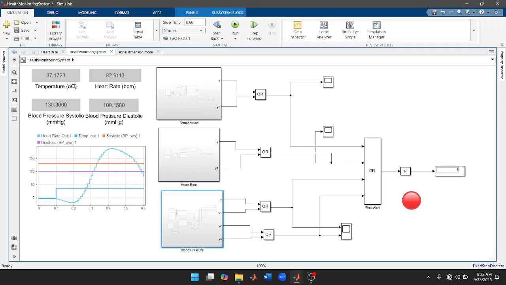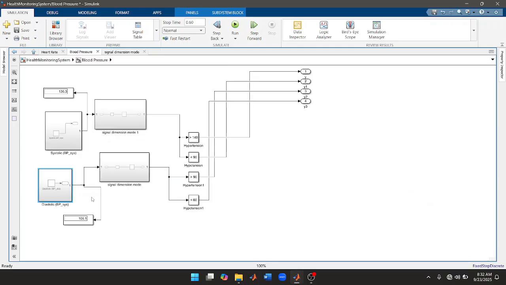The health professional can just see from this data that there's an abnormal condition, while the patient's relative or the health professional can also get an alert that it's red now, something is wrong. Then you have to check on the patient.